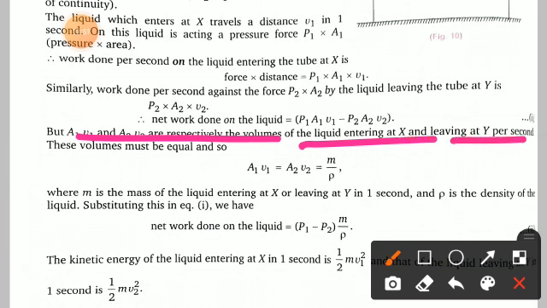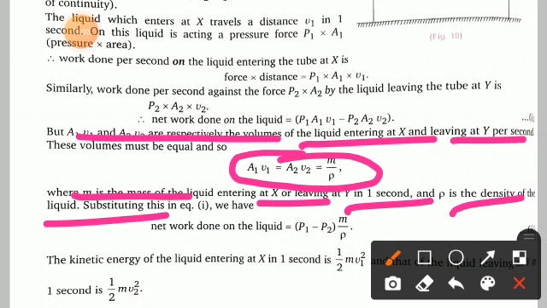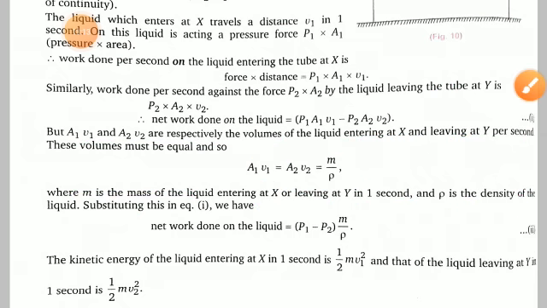These volumes must be equal, A1 V1 is equal to A2 V2, which is m by rho. Now what is m by rho? M is the mass of the liquid entering at the X end and leaving at the Y end in one second, and rho is the density of the liquid. So substituting these values in equation number 1, you will get the net work done as P1 minus P2 times m by rho.